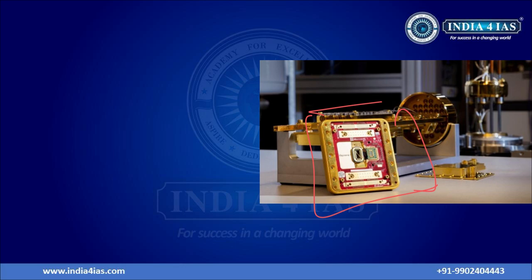Now the question arises, why did Microsoft use the name Majorana for this quantum computing chip? The reason being, in particle physics, there is a fermion called the Majorana fermion. It is also called the Majorana particle.